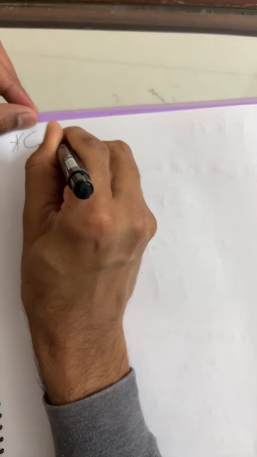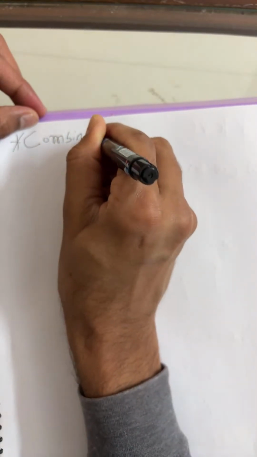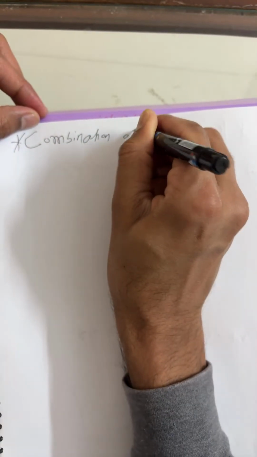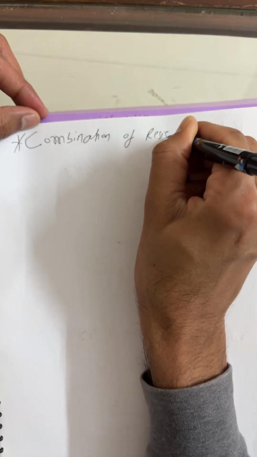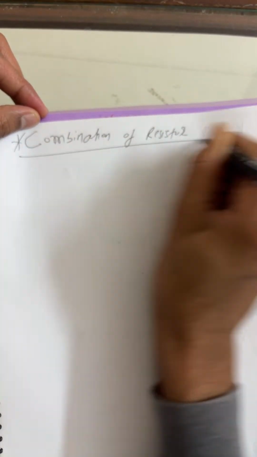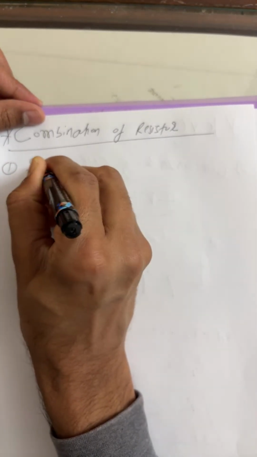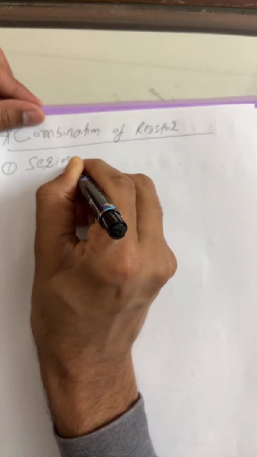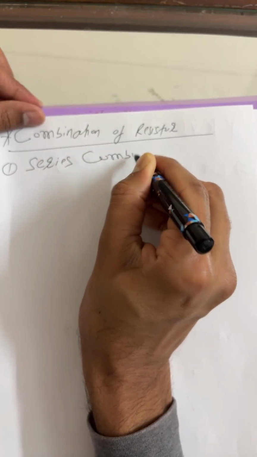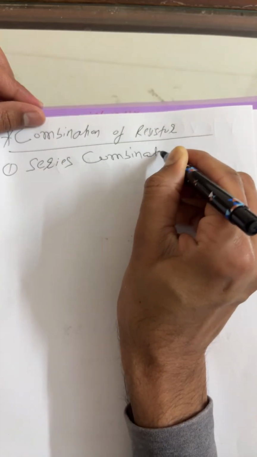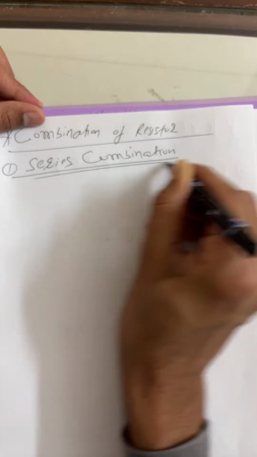There are two types of combination of resistors. This is the first one: series combination. What is the remarkable point which you keep in your mind?